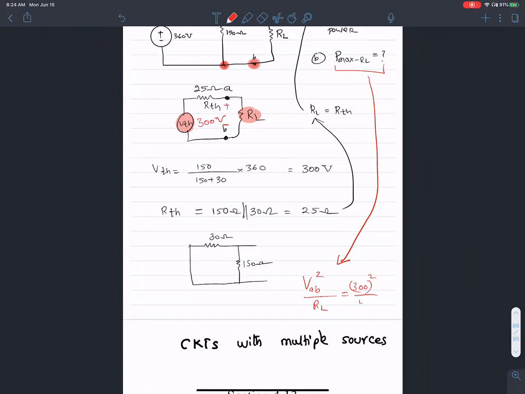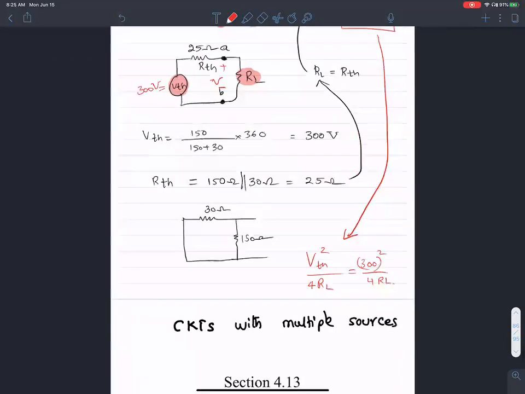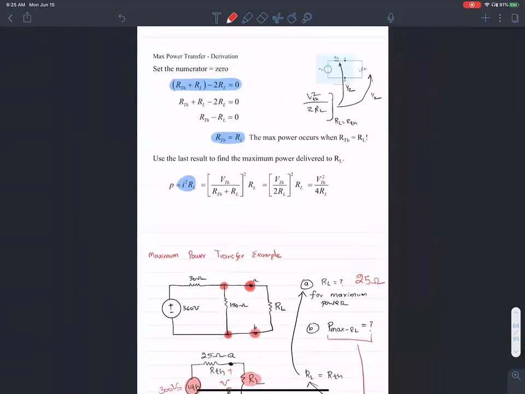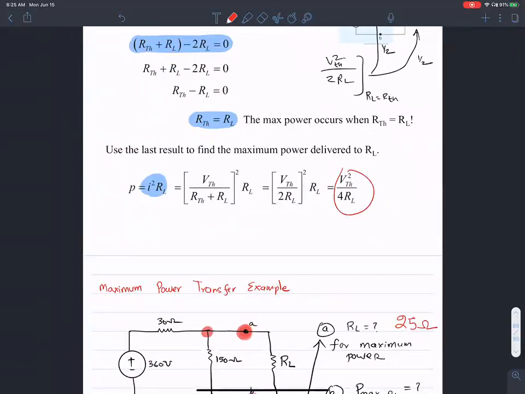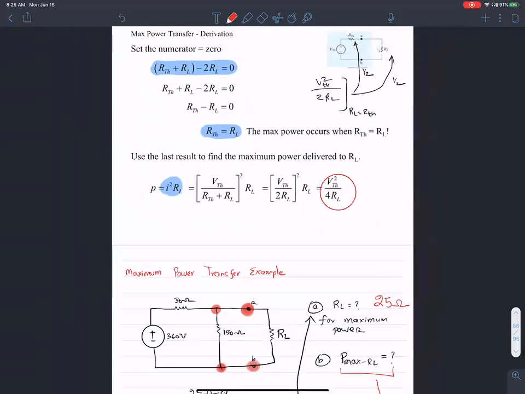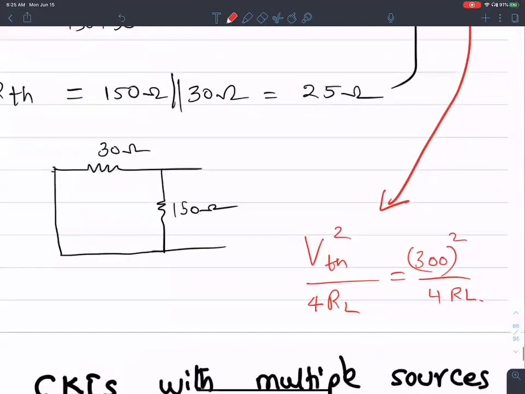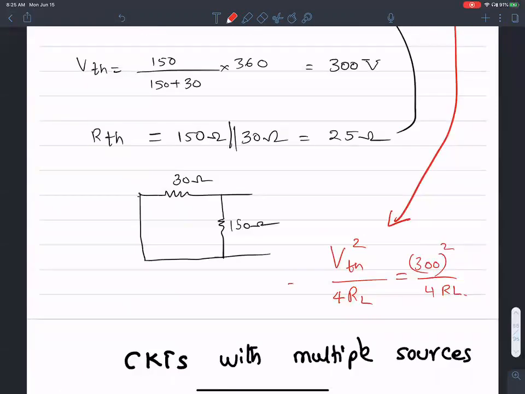That was the formula that we use, VTH squared over 4RL. So this VTH was found to be 300 volts. So the maximum power delivered, VTH the whole squared over 4RL, that is exactly what I am using here, and it comes out to be 900 watts.